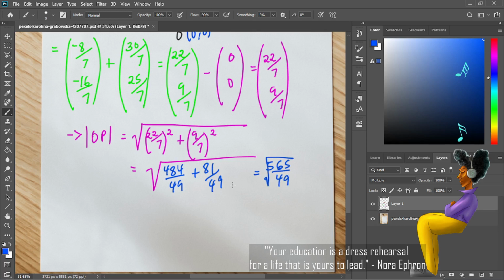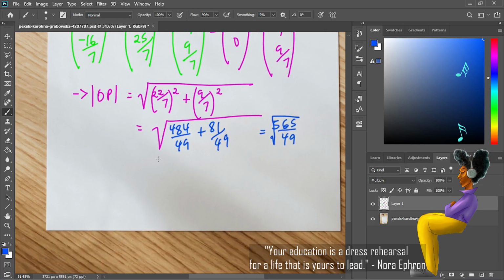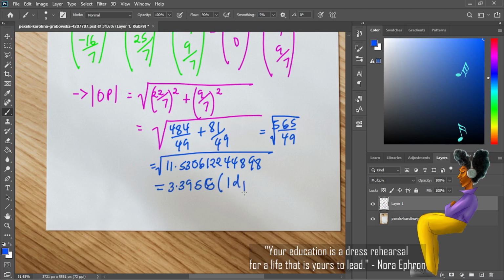I'll work out the value of 565 divided by 49, and that will give me approximately 11.530612244898, and I need to get the square root of that, which will be approximately 3.3956. But the question wanted us to give the answer to one decimal point, so our answer is going to be 3.4.